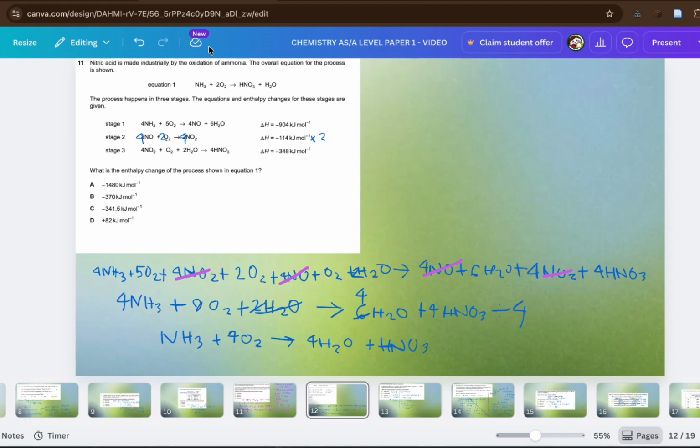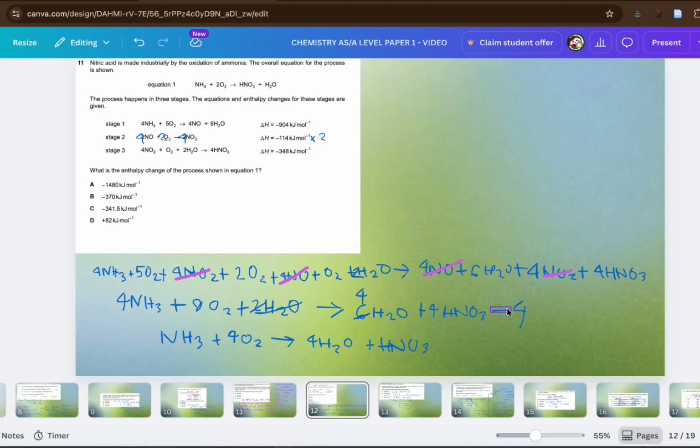Now we just have to count the enthalpy change. You see that here we multiply the enthalpy change for stage 2 by 2, and divide the results with 4.